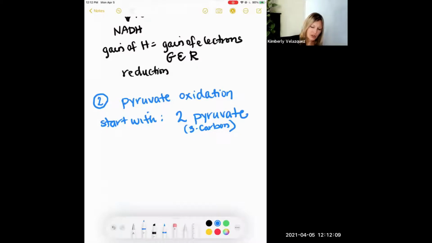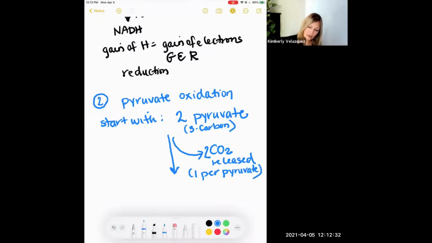So we start with 2 pyruvate. And what's going to happen is for each of those pyruvate molecules, a carbon is going to be lost as CO2. So 2 CO2 are going to get released, 1 per pyruvate.